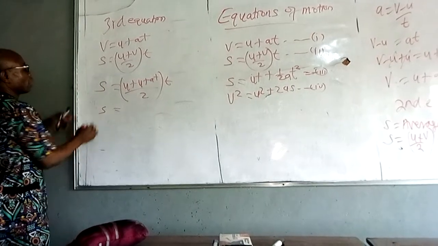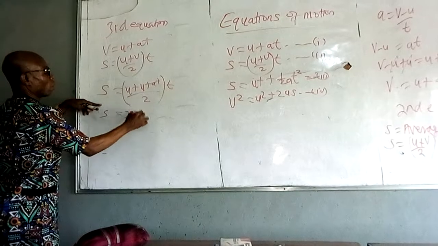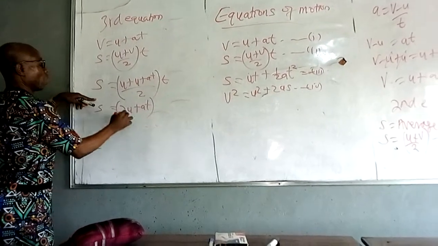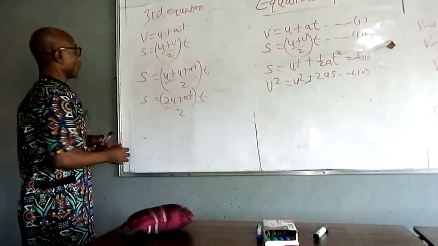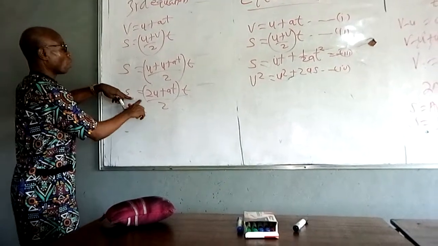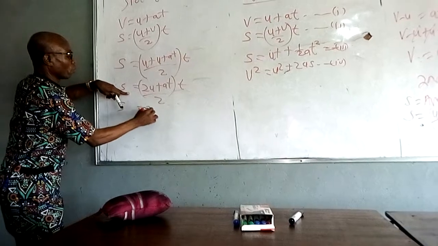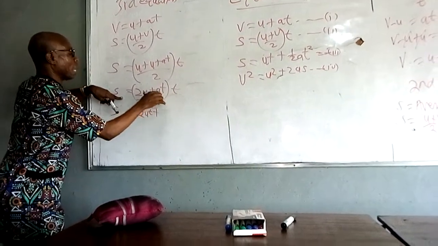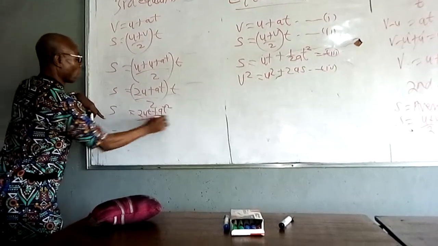Now this means distance is equal to u plus u is 2u plus at all over 2 times this t. Now expanding that, distance is equal to t times 2u, we have 2ut, plus t times at, we have at squared, all of them over 2.